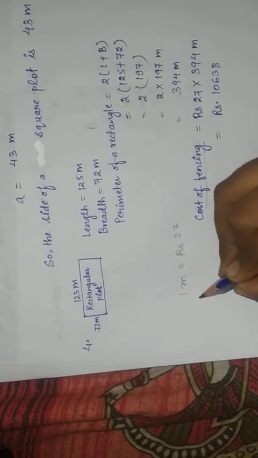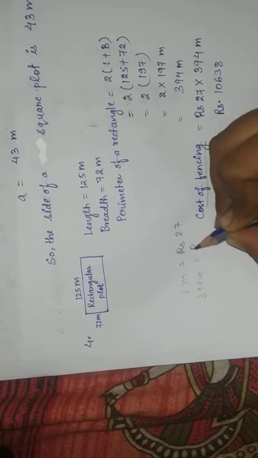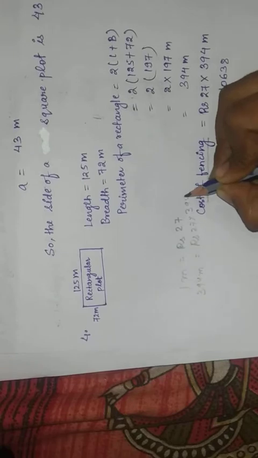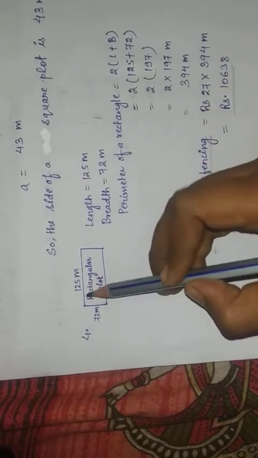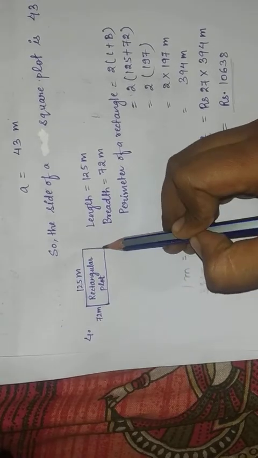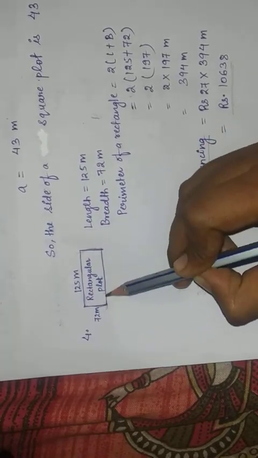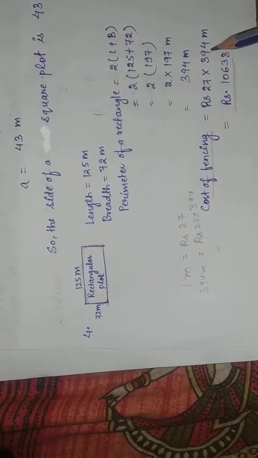So if 394 meter is given to you, then rupees 27 into 394, you'll get the cost of fencing. Fencing means the boundary. You have to fence the boundary. That means you have to multiply by the perimeter.